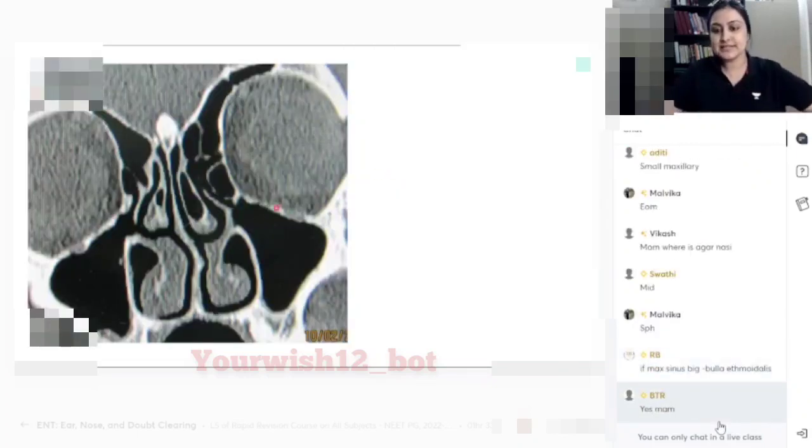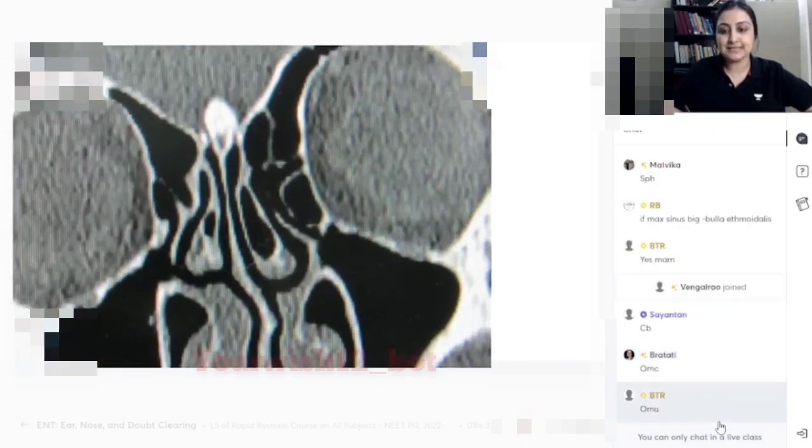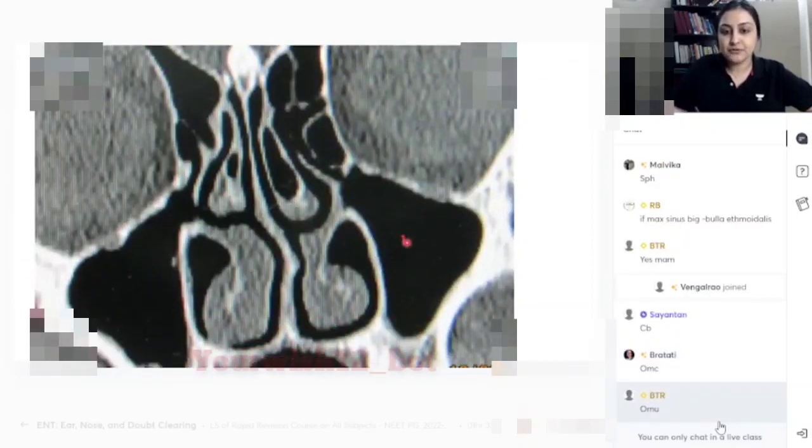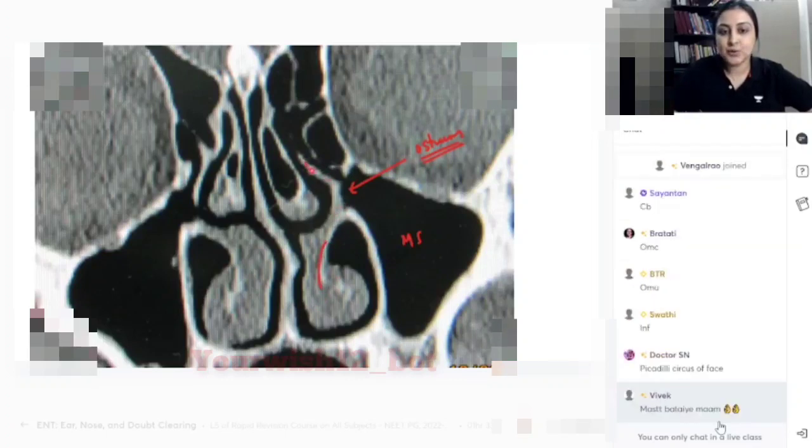All right. So now in this, let's talk about the osteomeatal unit, OMU, which is the ostium here of the maxillary sinus. So first of all you understand this is maxillary sinus and ये उसका ostium है where it is going to open up into the meatus, right? So first of all inferior turbinate से arise करता हुआ ये bone.